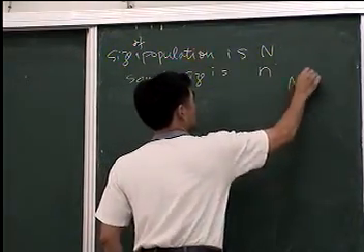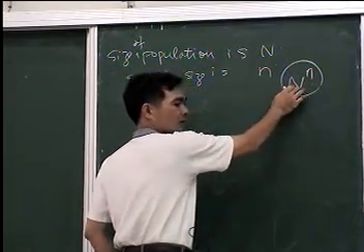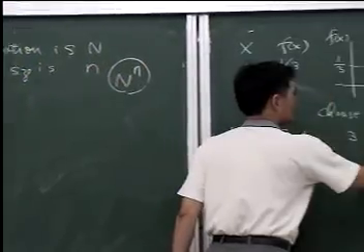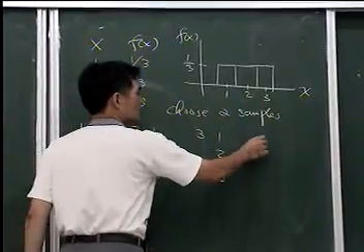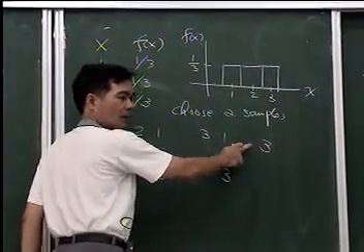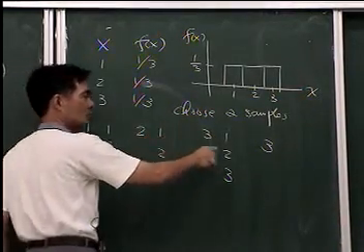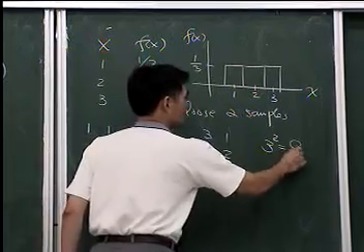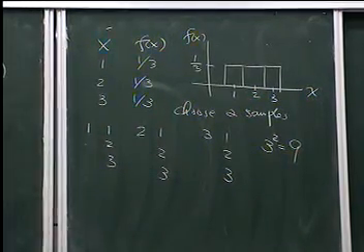It is n to the n's power. So in this case, we have a population size of 3, right? And what about the sample size? The sample size is 2. So how many different samples do we have? We have 9 different samples, okay?